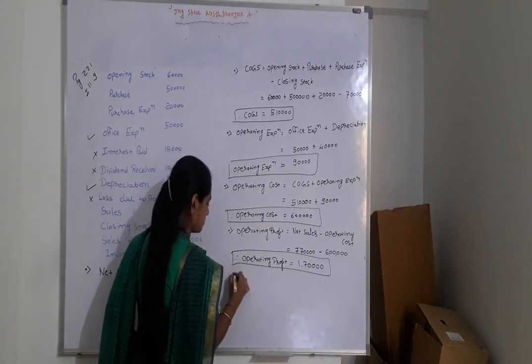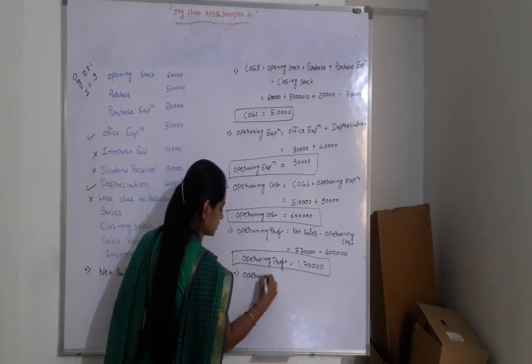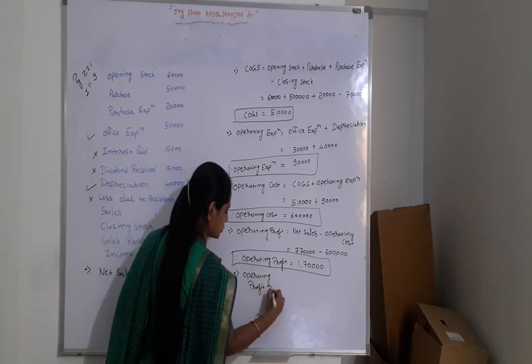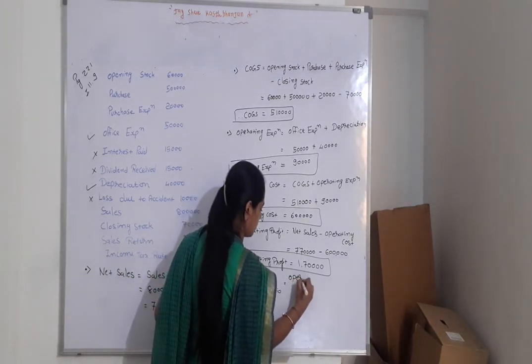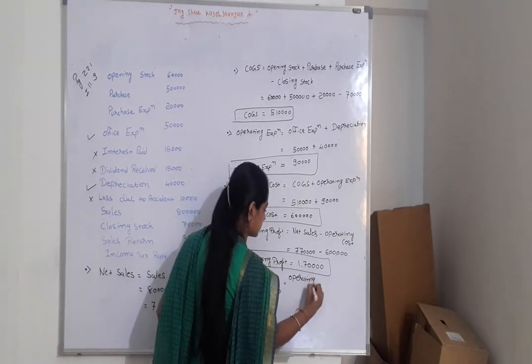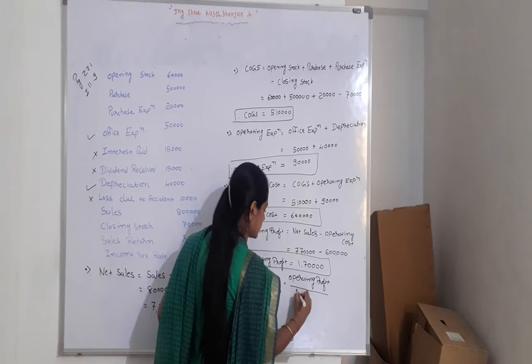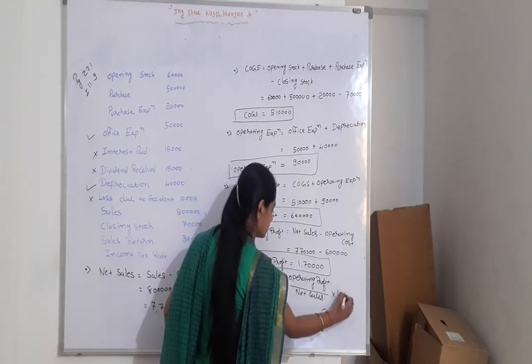Now we can apply the main formula. Operating profit ratio is equal to operating profit upon net sales into 100.